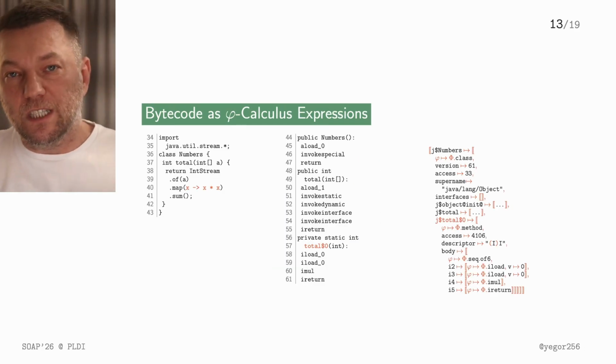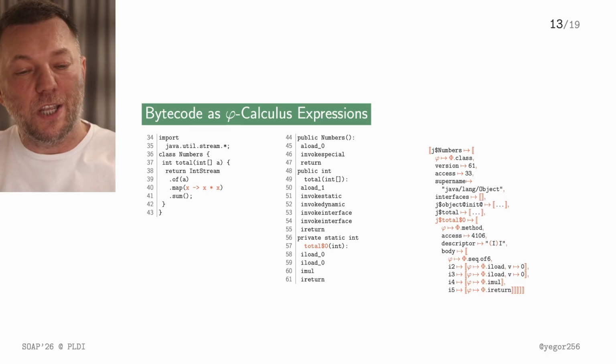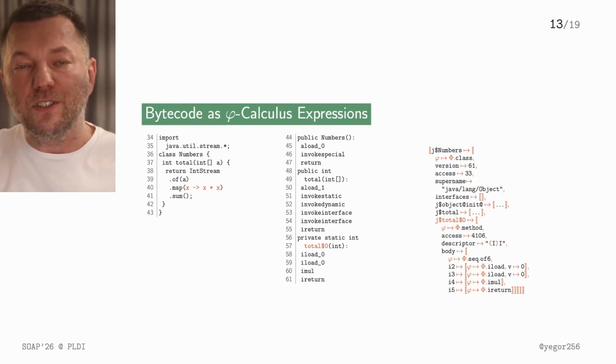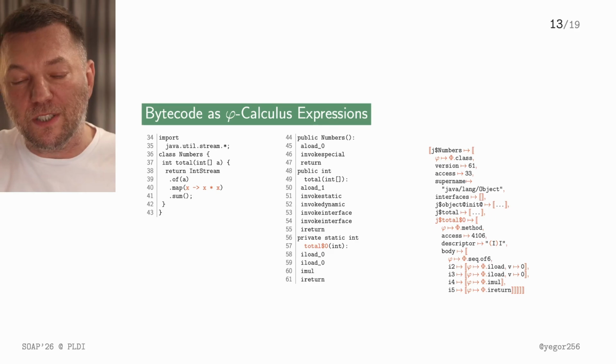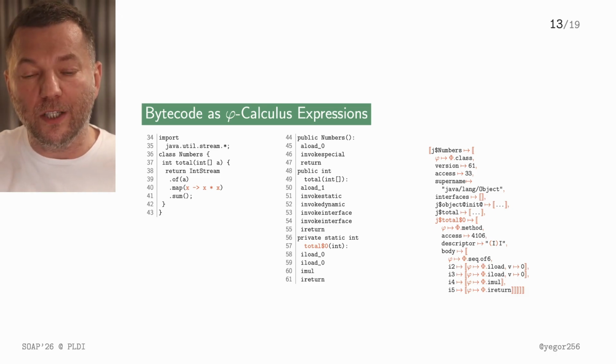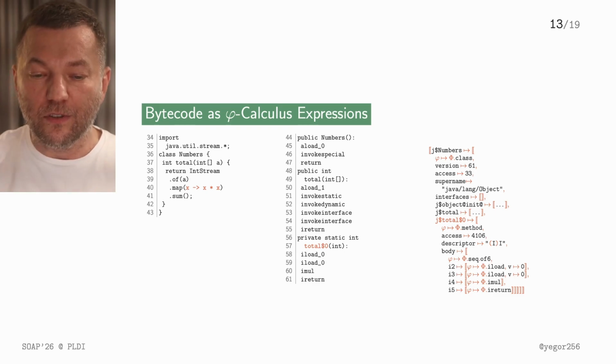So what is a phi expression? Phi calculus expression is a formal representation of potentially any Java code. On the left you see the Java code, which is before compilation. Then this is the compiled bytecode, as it is represented by javap, the printer of the bytecode.